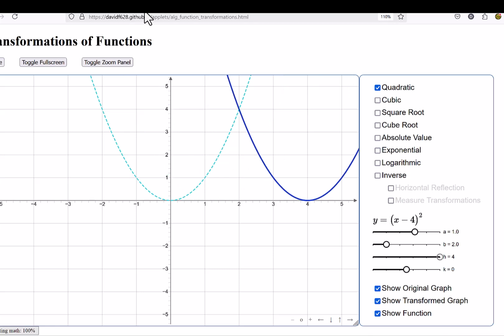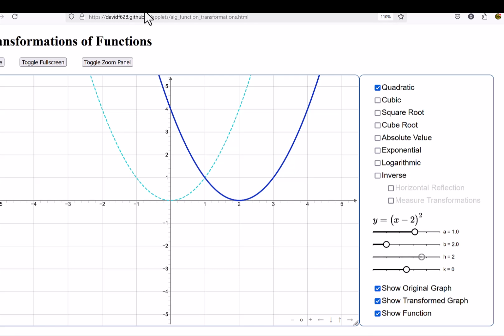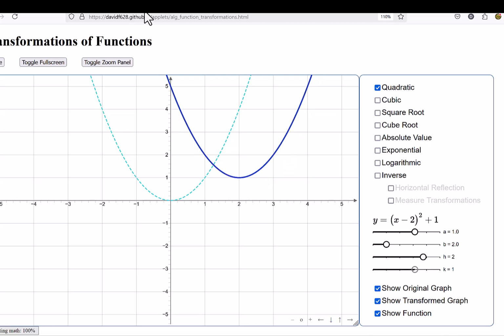Just something you'll have to make sure you contend with. But whatever you set h to, all it does is move the graph left or right that many positions. It doesn't change the shape. It doesn't have any other effect. It just moves everything that many units. Similarly, k is the value on the outside of the function. So notice here (x minus 2) squared plus 2. It just moved all the points up 2 units.